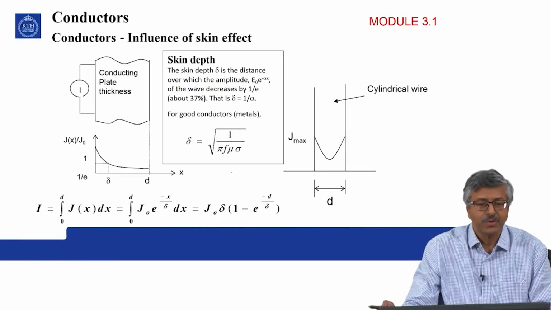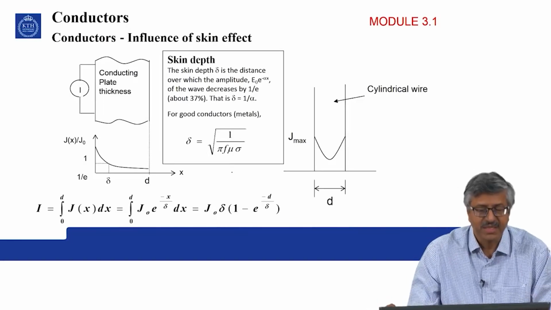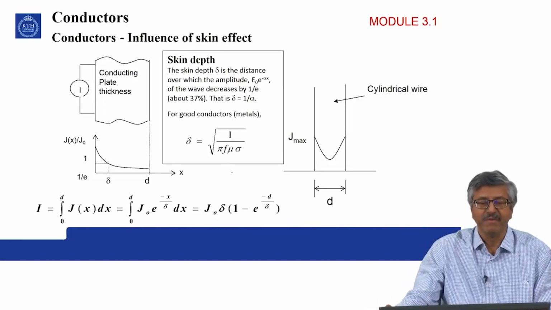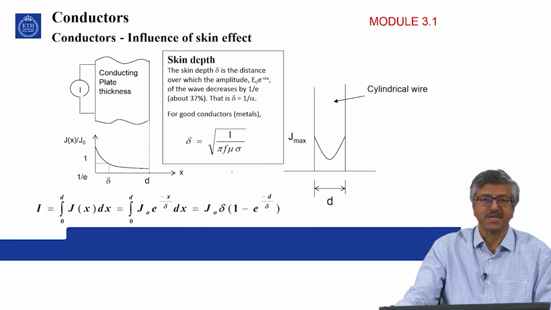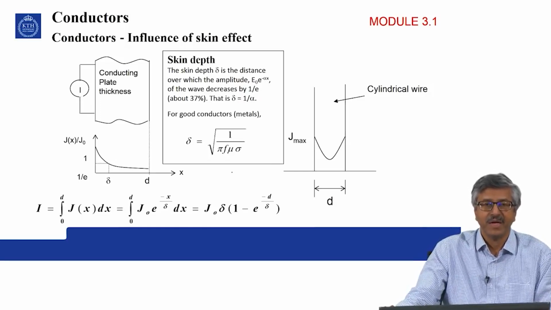So, let us go to the conductors. Especially we will introduce an important concept called skin effect. It states that under high frequencies the current density across the conductor is not uniform.